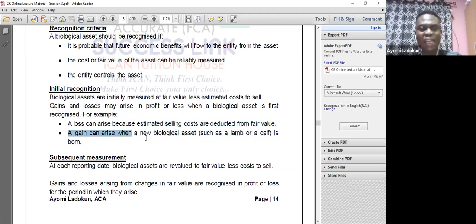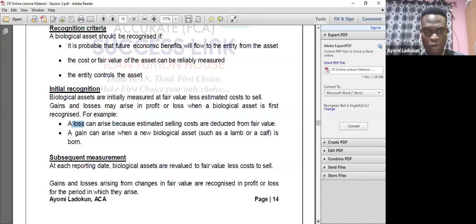A gain can also arise when a new biological asset is born. For example, you buy a cow, and it gives birth to a calf. That might be a gain, so you have to estimate it at fair value and recognize it immediately in the profit or loss account. But I can tell you that in most cases you will always have a loss.